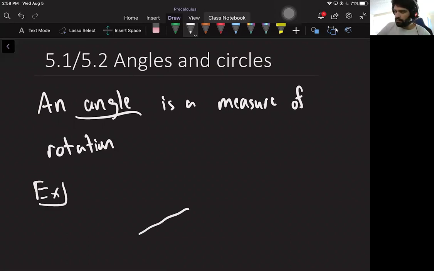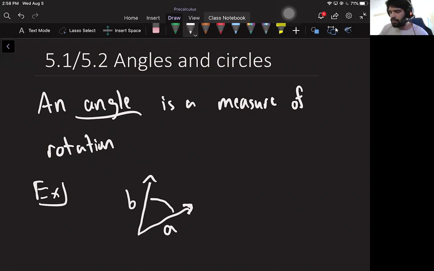If you have a little ray like that, aka an arrow, and I guess I'll call it A, and then I sort of twist it around until it moves over here, which I indicate with a little in-between circle thingy.